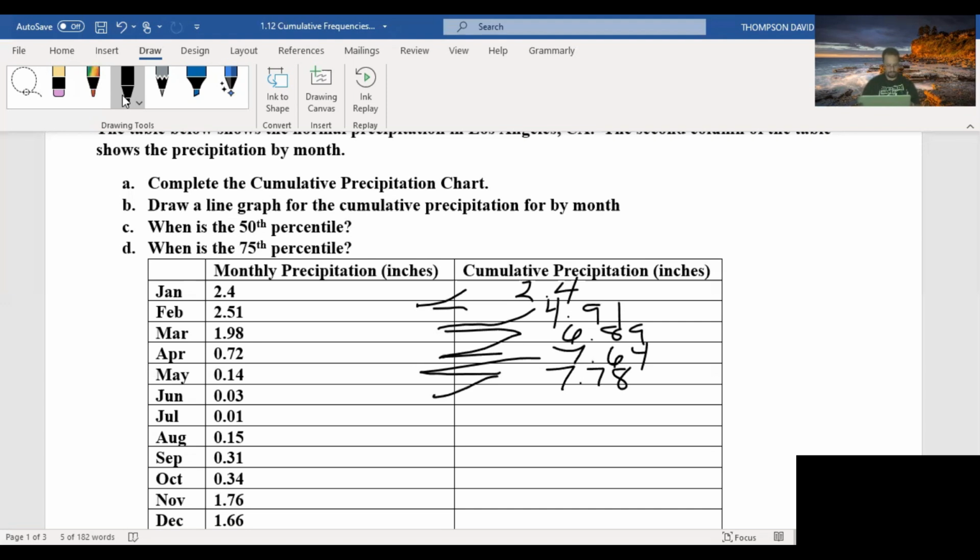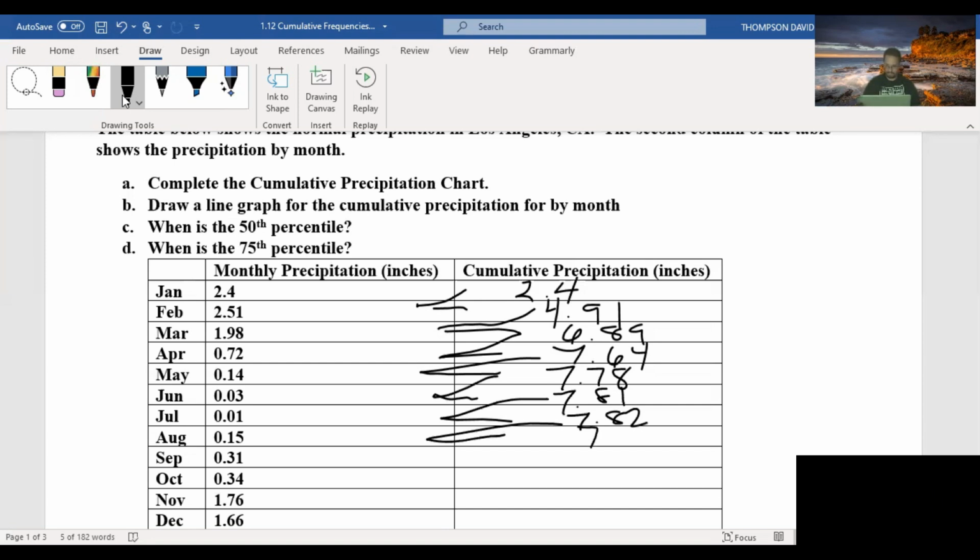So that's going to be 7.81. Then we're going to add in our 0.01. That's going to be 7.82. That was easy. Then add in the 0.15. And that gives me 7.97.